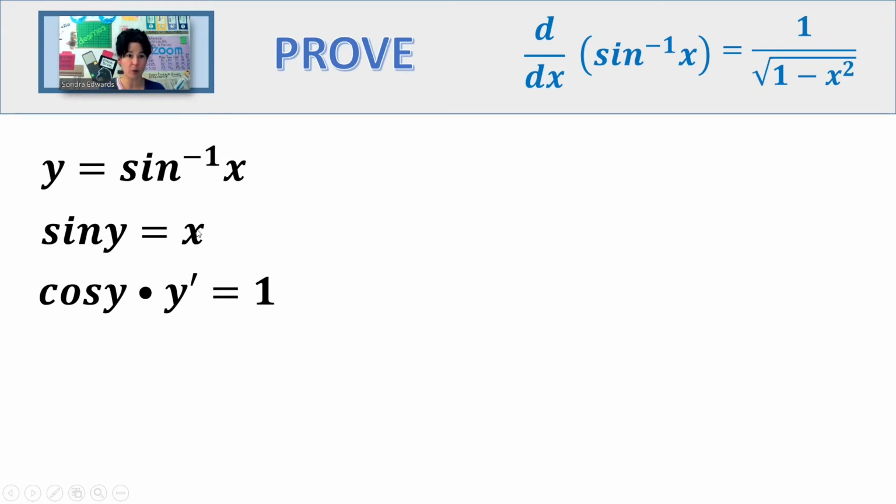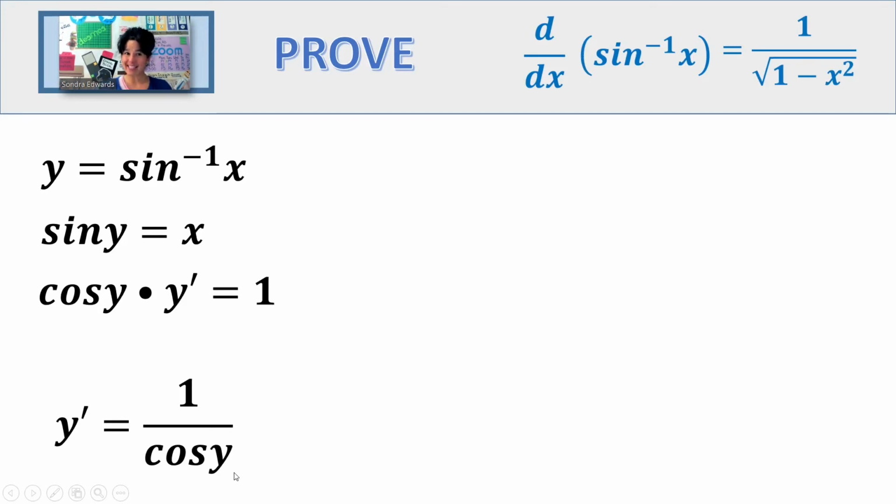The derivative of the right side, the derivative of x, is just 1. Okay, so I took the derivative of both sides. Now I can solve for y prime by just dividing both sides by cosine of y. So the answer to the derivative, right, y was sine inverse of x, and so y prime, the derivative is 1 over cosine of y.